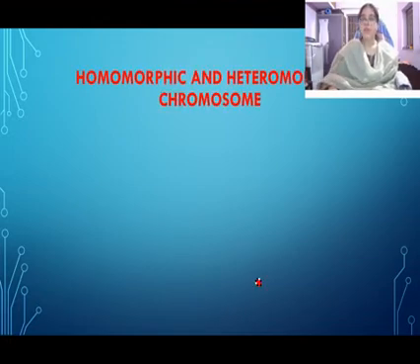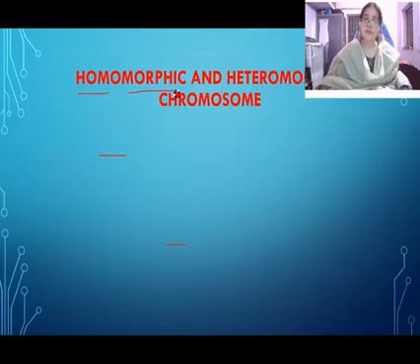There are two types of chromosomes in humans and other organisms: homomorphic chromosomes and heteromorphic chromosomes. As you know, homo means same, and morphic means appearance. So chromosomes having a similar appearance are homomorphic, and chromosomes not having a similar appearance are known as heteromorphic.